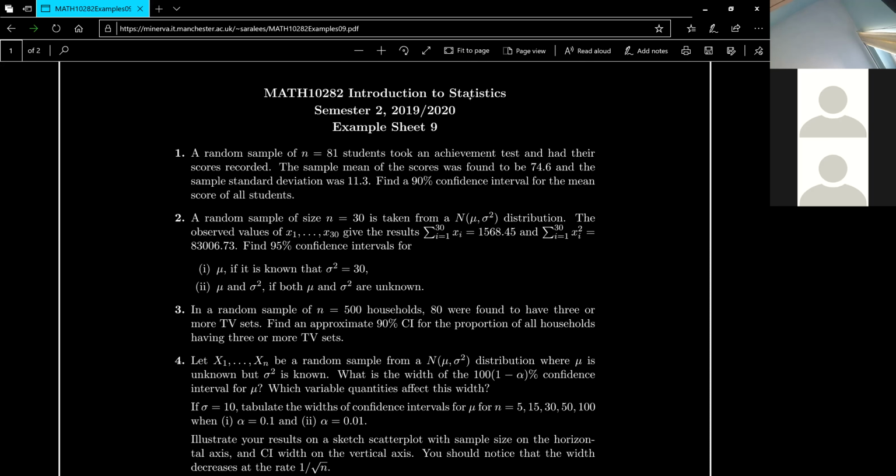I'm doing sheet number 9, question 1. So if you look at sheet number 9, this is question 1 on sheet 9.